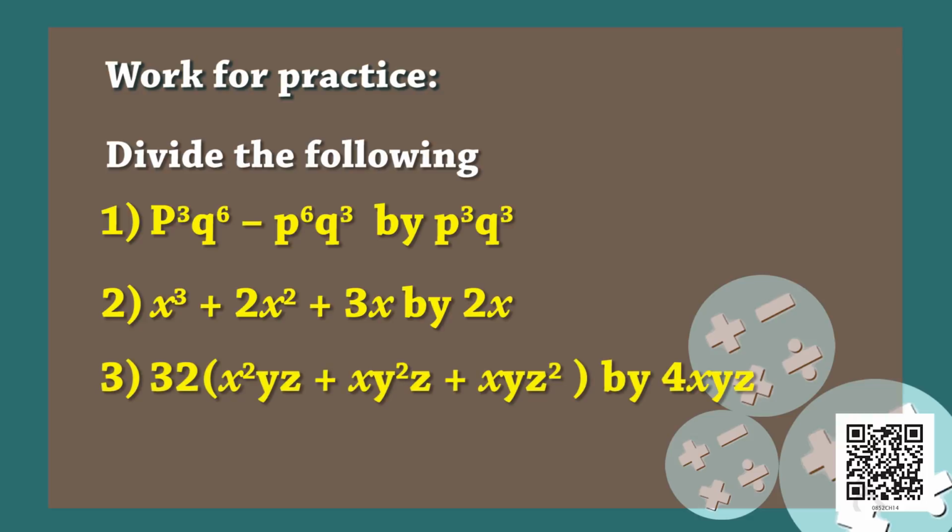Number 3, 32 into x square yz plus xy square z plus xyz square by 4xyz. Hope it will help you. After practicing such problems, you will get the idea how to divide a polynomial by a monomial.